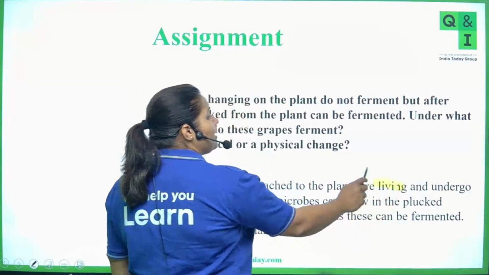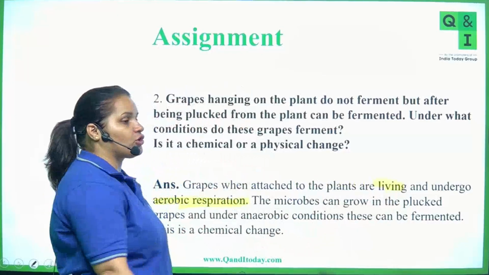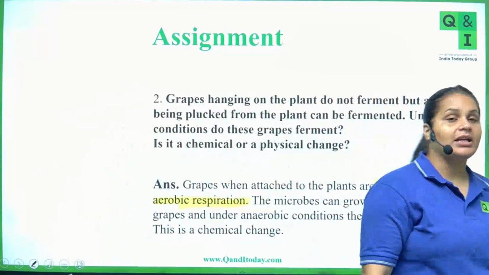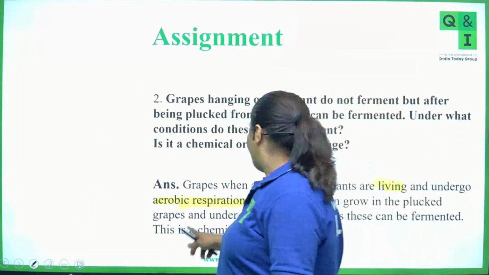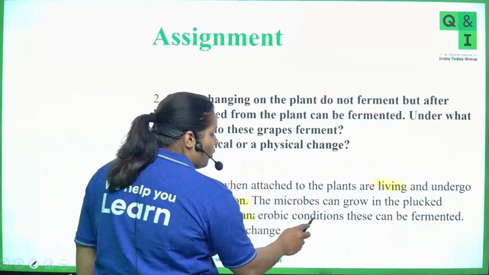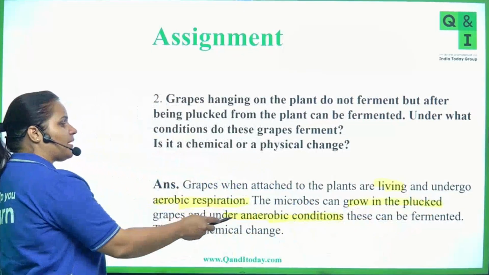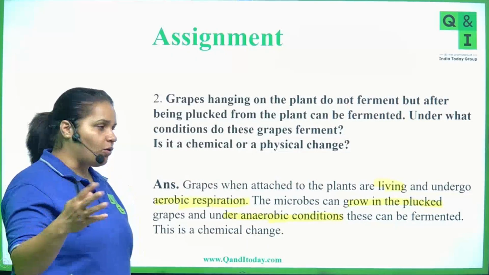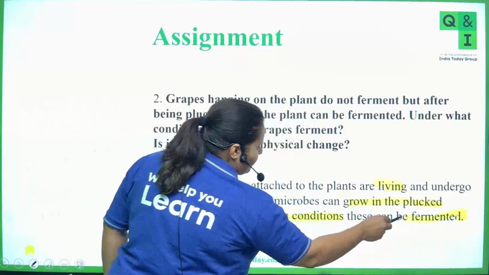So basically, grapes, when they are attached to the tree or to the plant, are living. And when they are living, they undergo aerobic respiration, meaning the breakdown of glucose happens in the presence of air. But when they are plucked, they undergo anaerobic respiration, during which what is formed? Alcohol is formed, and that is called fermentation.